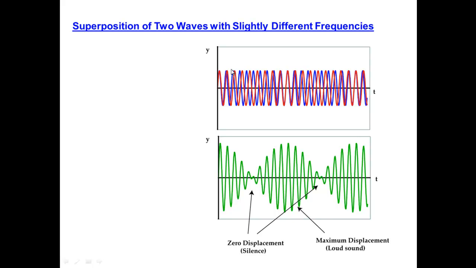But because they have slightly different frequencies, by this point here it looks like they are exactly out of phase, because the peak of one is pretty close to where the trough of the other one is. And then after several more cycles, they come back into phase.